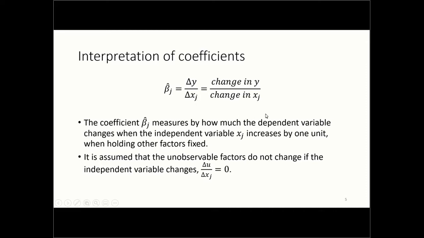So the interpretation is that beta j hat measures by how much the dependent variable changes when the independent variable xj increases by 1 unit, holding other factors fixed. So here it is also assumed that the unobservable factors do not change if the independent variable changes. So the change in u over change in xj is equal to 0.